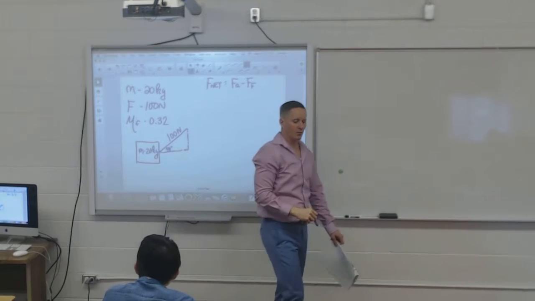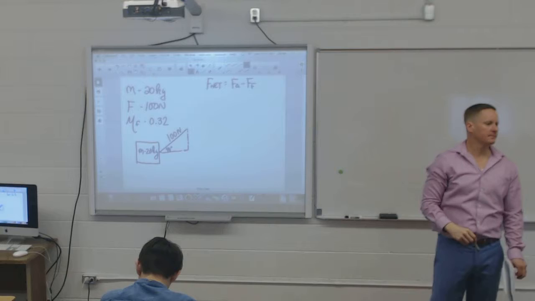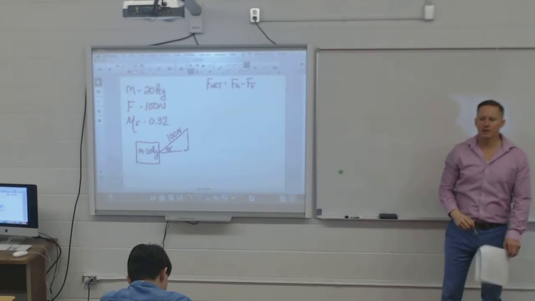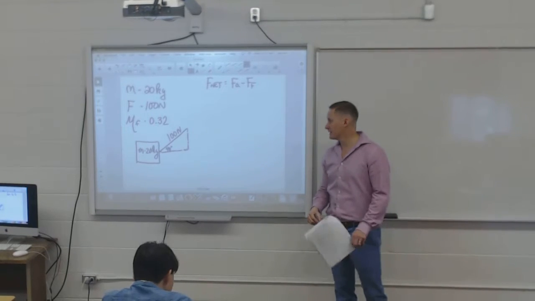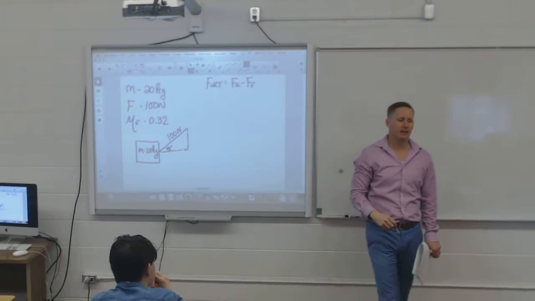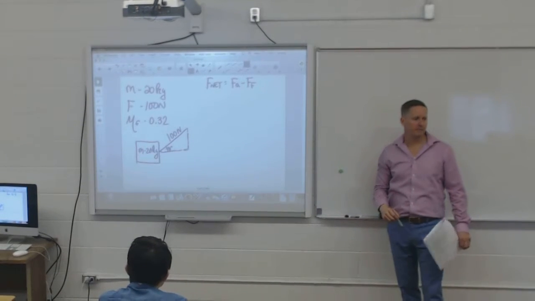Okay, so what's the one thing that we learned last section about finding our applied force? Where's your applied force always? Horizontal. In this case, it's horizontal because that's the direction in which it's going to move, right?